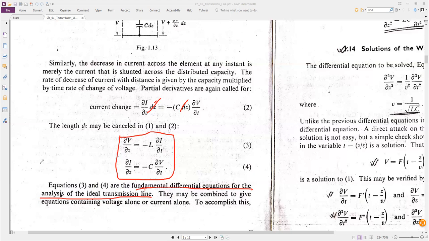These two equations are known as the telegraphic equations, and these are the fundamental differential equations for the analysis of the ideal transmission line. Okay, so equations number 3 and 4 are the fundamental differential equations for the ideal transmission line.